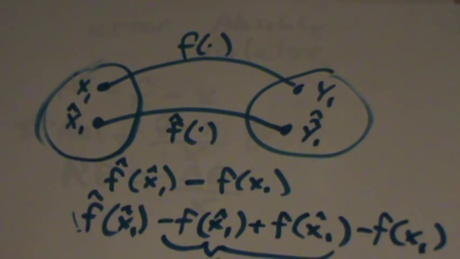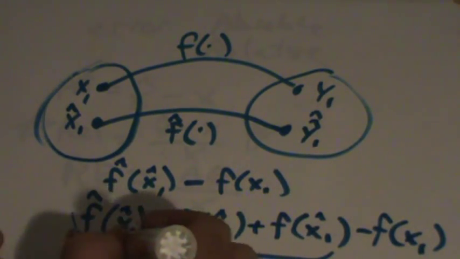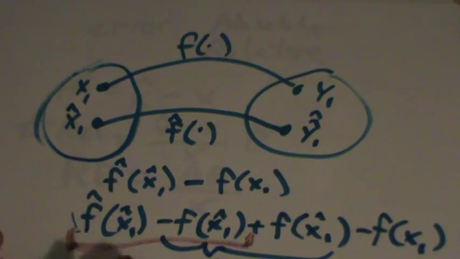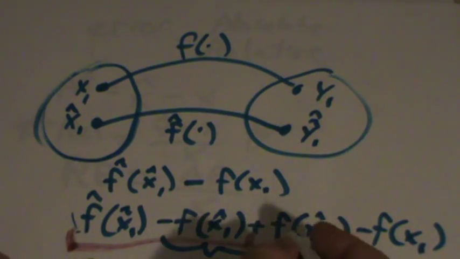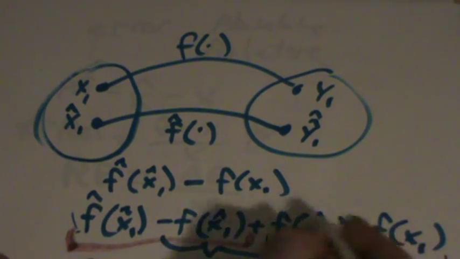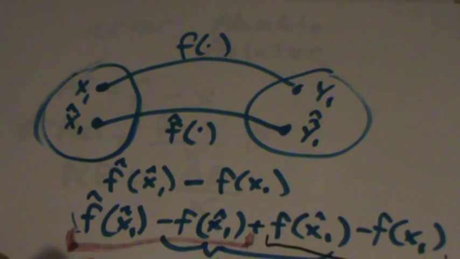x1 left over. Now, as I mentioned, maybe I should do this in a different color here. This part right here is saying computationally, what happens, what's the error due to switching my function? This is your computation error as it goes on. And I'll do another color for this side over here. This one is the exact same starting function, but it works on the different data.